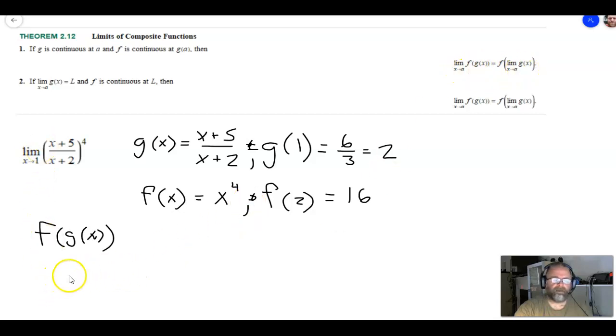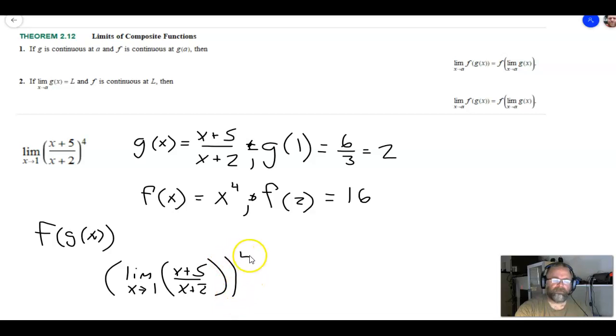So this limit here, we can rewrite that as the limit as x approaches a, or x approaches 1 in this case, of x plus 5 all over x plus 2, and the whole thing raised to the 4th power.